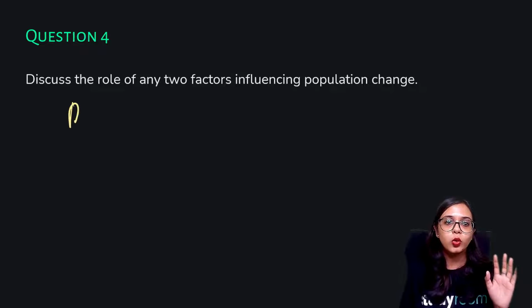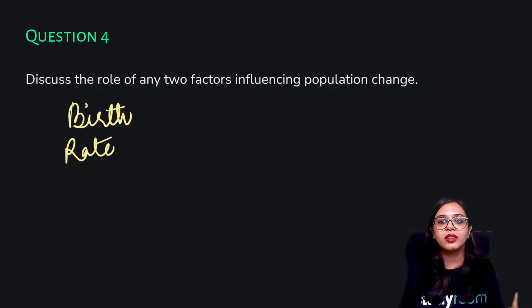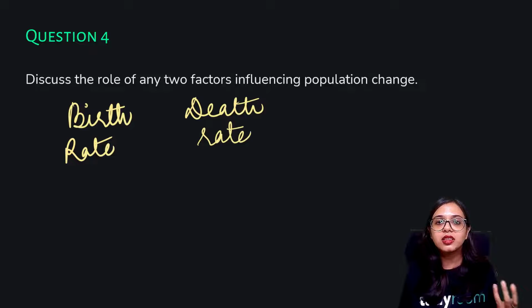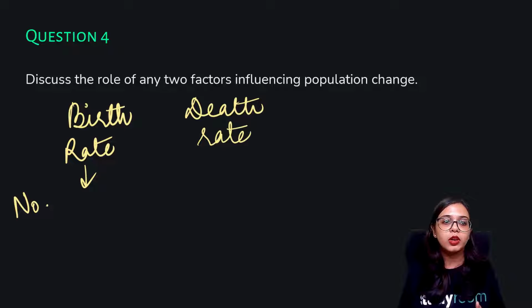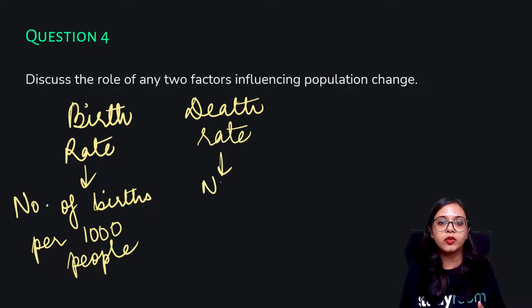Okay, then discuss the role of any two factors influencing population change. So there are two important factors that I just talked to you about: birth rate and death rate. These are the two factors that actually determine population change in a particular area. Birth rate is the number of births per 1,000 people, and your death rate is actually the number of deaths per 1,000 people.